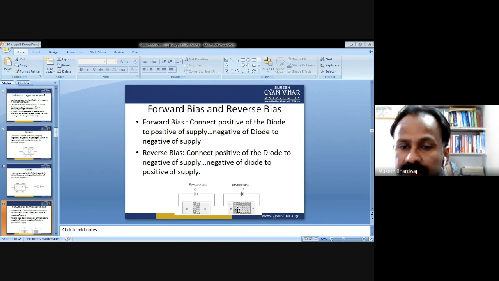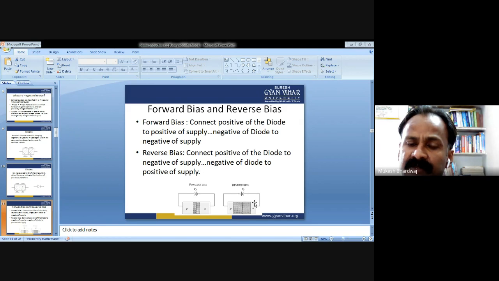But in the case of reverse bias, the depletion width becomes wider, because the majority charge carriers, the positive holes from the p side, are attracted towards the negative terminal of the battery, and the majority charge carriers from the n side, that is electrons, are attracted towards the positive terminal of the battery.